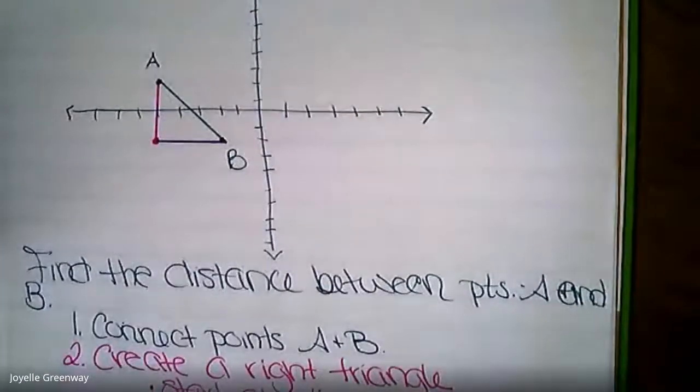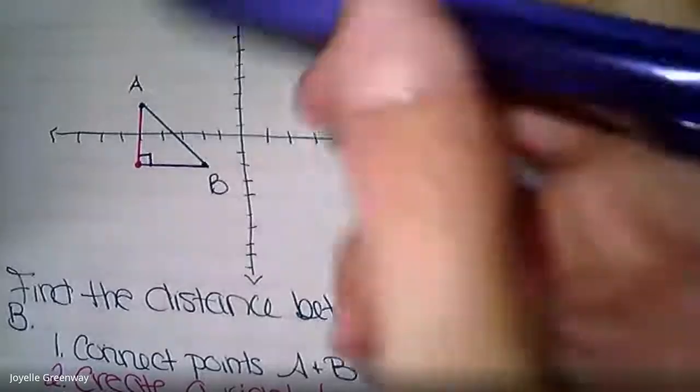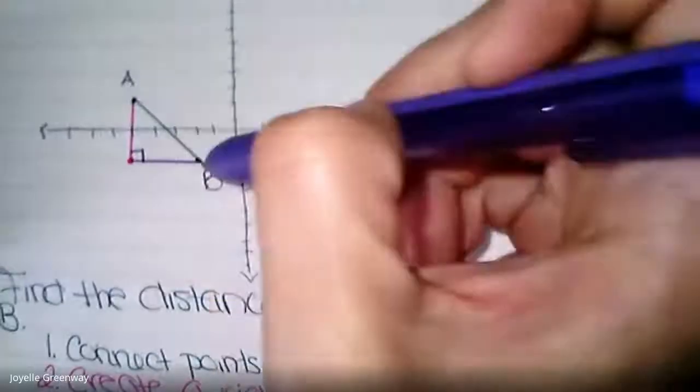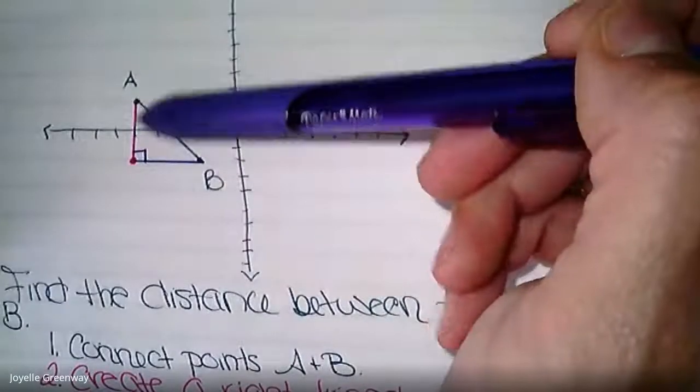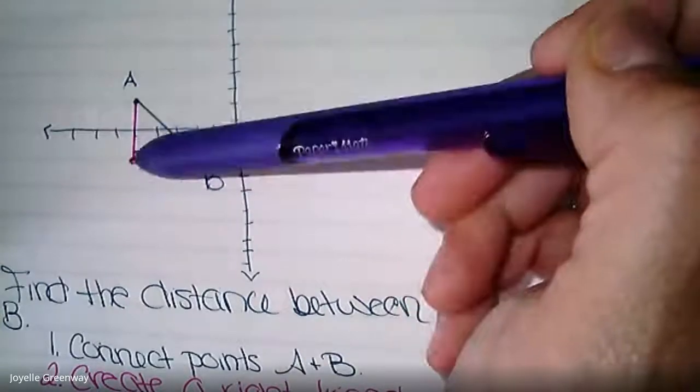And so what you have created is a right triangle, because you can't count the units from A to B, right? So we don't know that. But what I can do is find the length of this segment here, right?